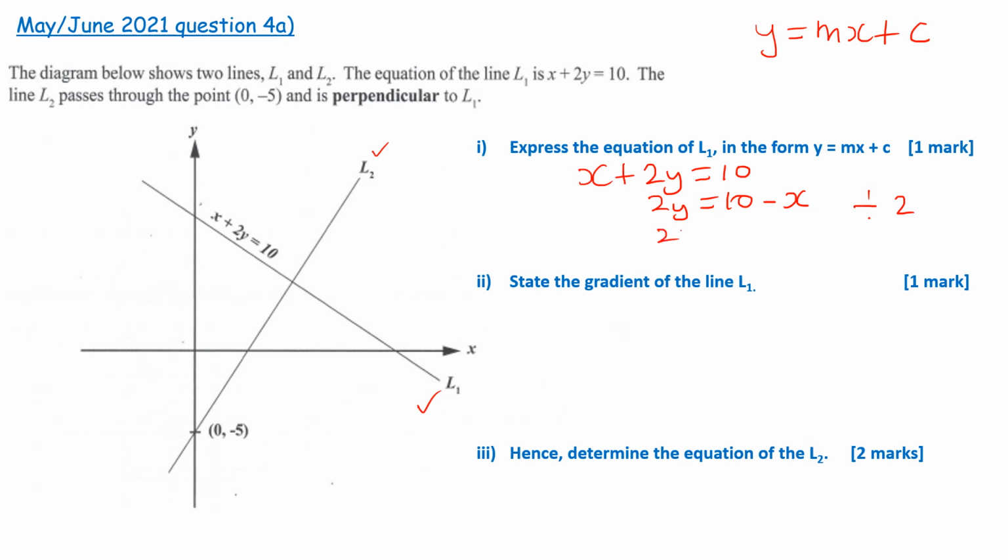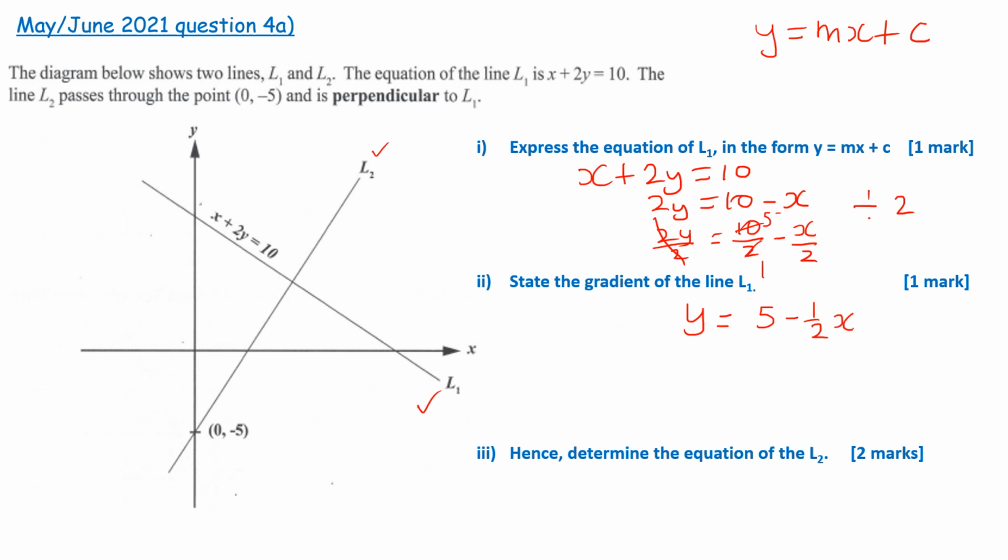So 2y divided by 2, 10 divided by 2, and x divided by 2. That is going to give us: 2 into 2 is 1, 2 into 10 is 5. So we're going to end up with y equals 5 minus a half x.